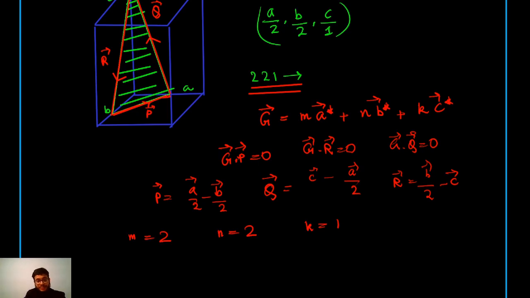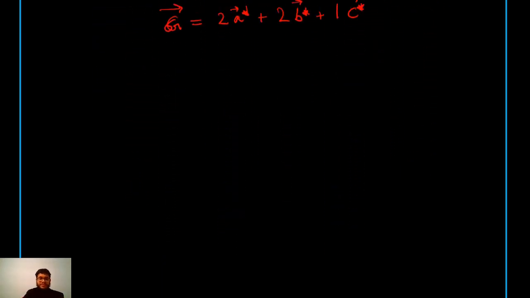So g perpendicular to the plane, which has a Miller index of 2 2 1, can be given as 2a star plus 2b star plus 1c star. So that is the fascinating connection between the reciprocal lattice vector and a plane having a certain Miller index.